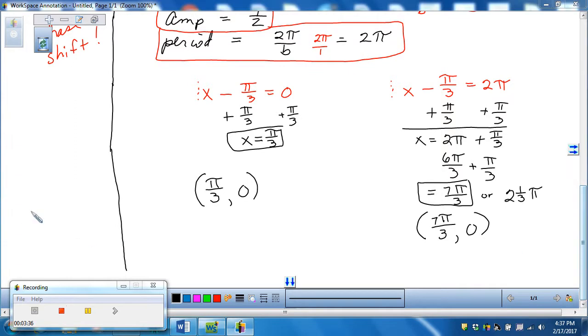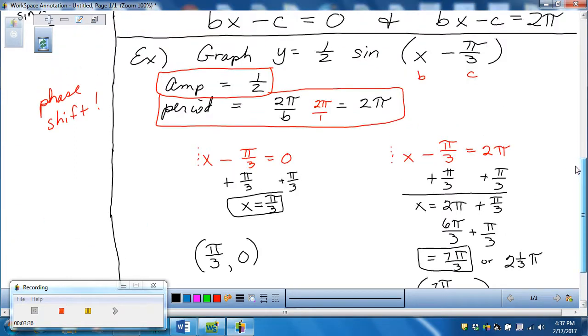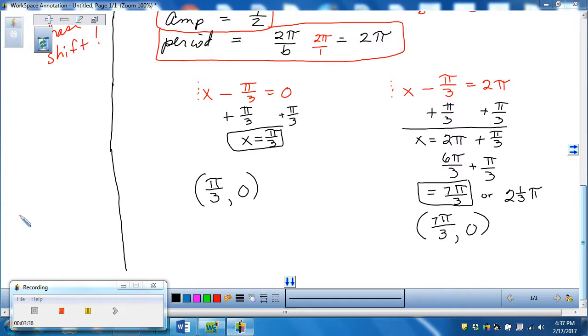And remember, when we have a sine graph, there are 3 points on the midline. We have just found the first one and the last one, so we want to find the one that's halfway in between. So what point is halfway in between?